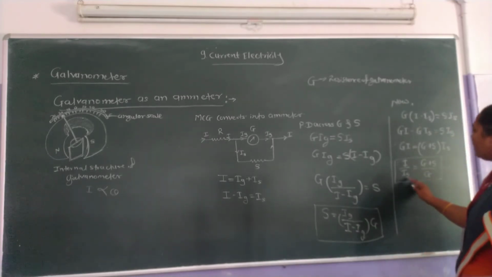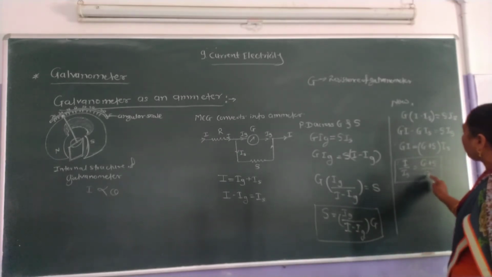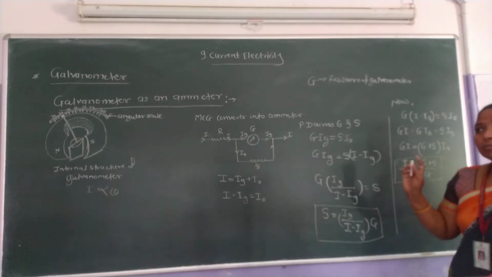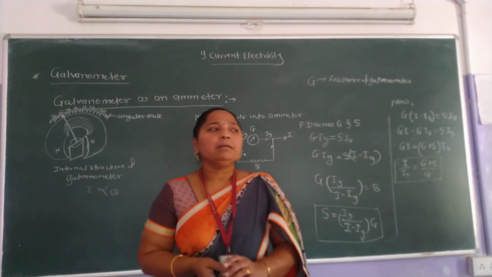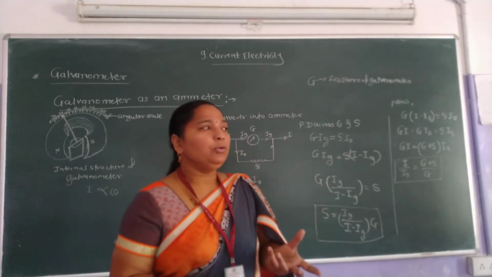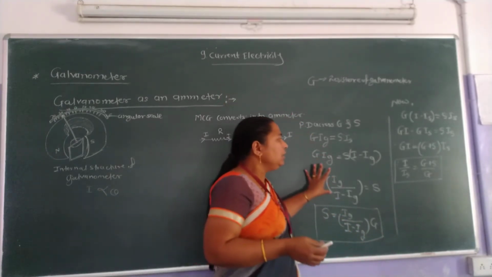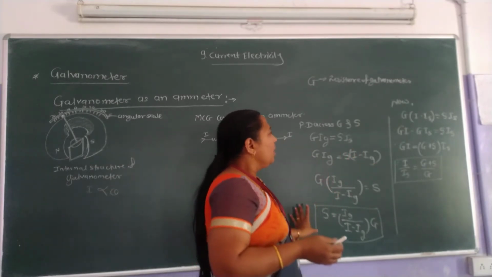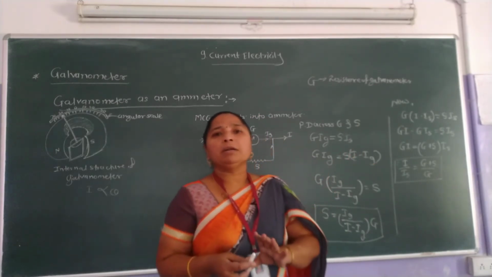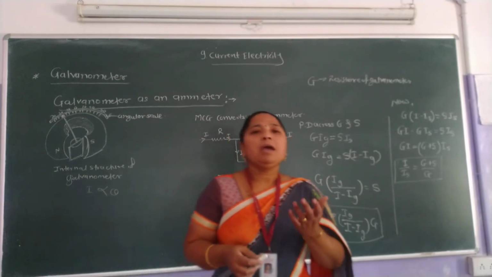I upon Is is equal to G plus S upon G. By using that formula we calculate the shunt resistance value and shunt current, its ratio. That formula can be obtained when a galvanometer is converted into an ammeter.